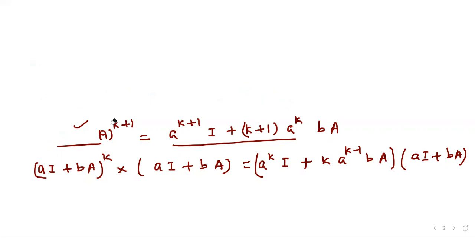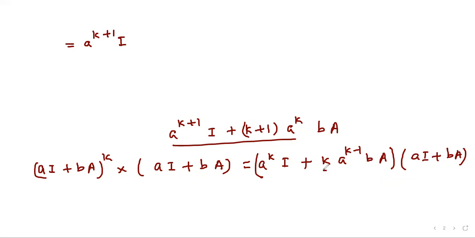Our concern is to get this result. For this, we are going to multiply. So when we multiply this here, it will become a power k plus 1 i square. i square will become i.